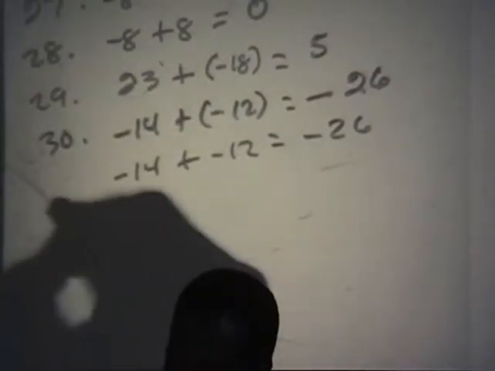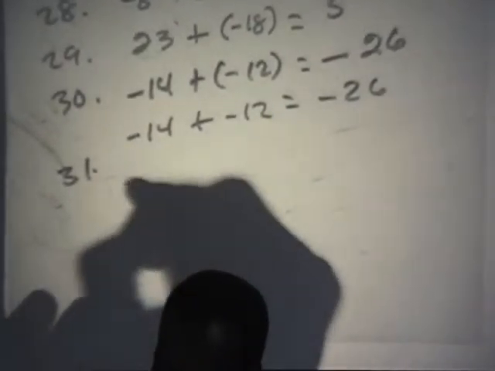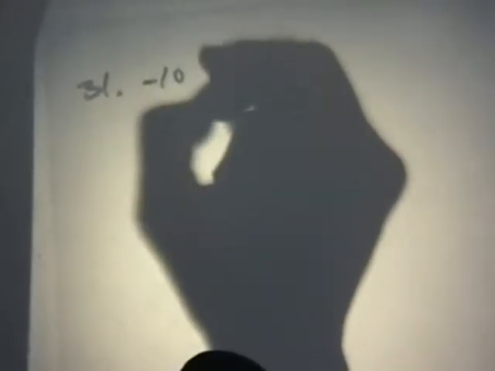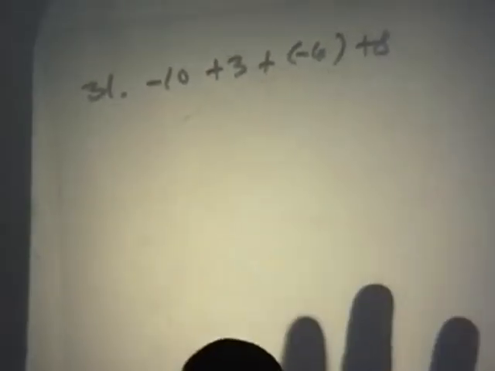Number 31. We have negative 10 plus 3 plus a negative 6 plus 8. Now, look at these numbers here.